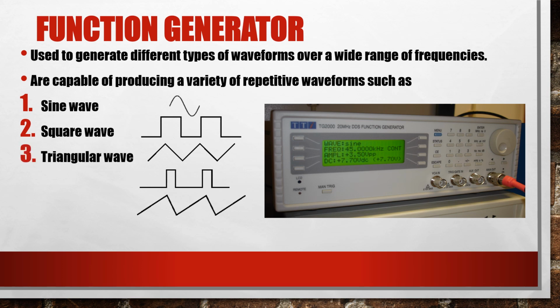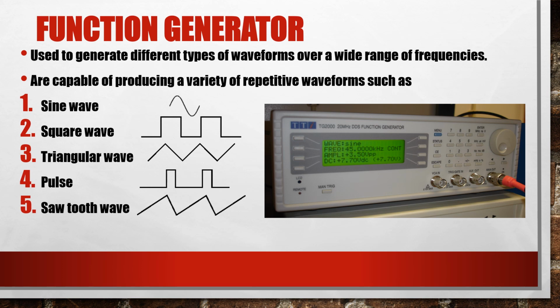This form of signal produced by the function generator linearly moves between high and low points. Next is pulse. A pulse waveform is another type that can be produced by a function generator. It is effectively the same as a square wave but with the mark space ratio very different.